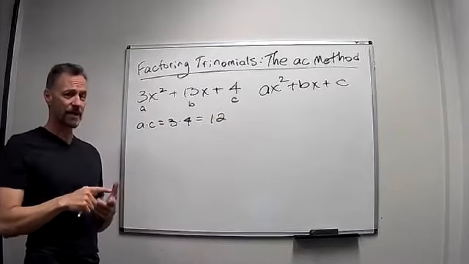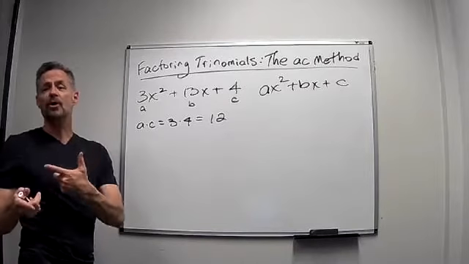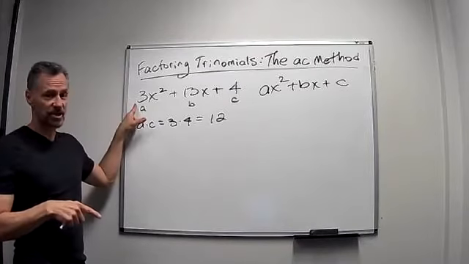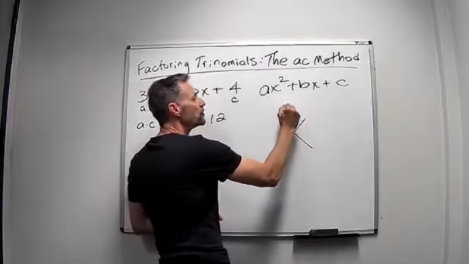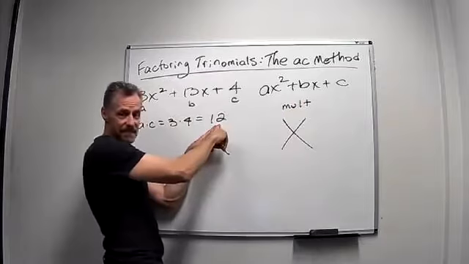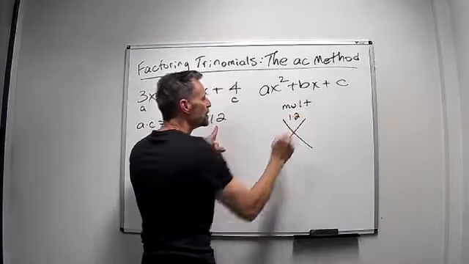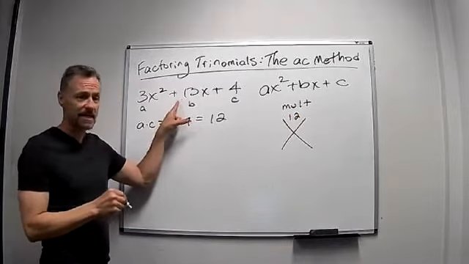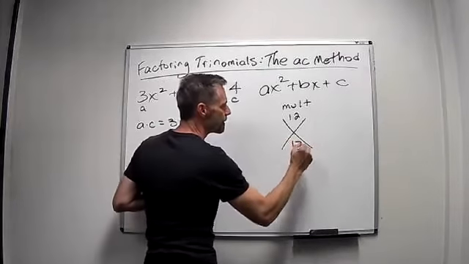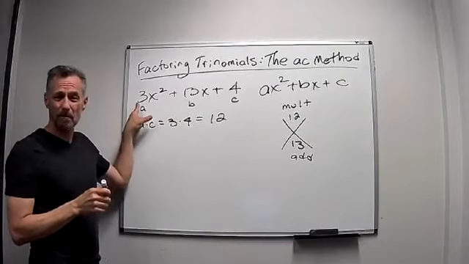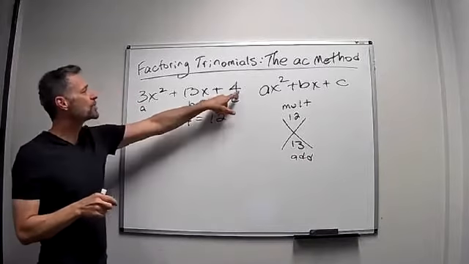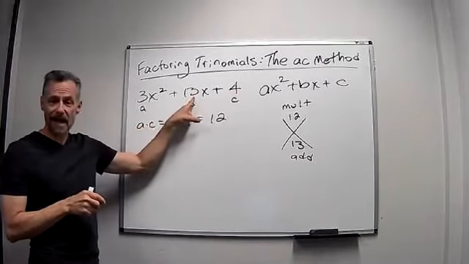Just like when we were factoring trinomials that didn't have a lead coefficient other than 1, we're trying to look for numbers that multiply to this AC, the 12, and add to the 13. Before, if there was no number out here, the numbers multiply to this and add to that.